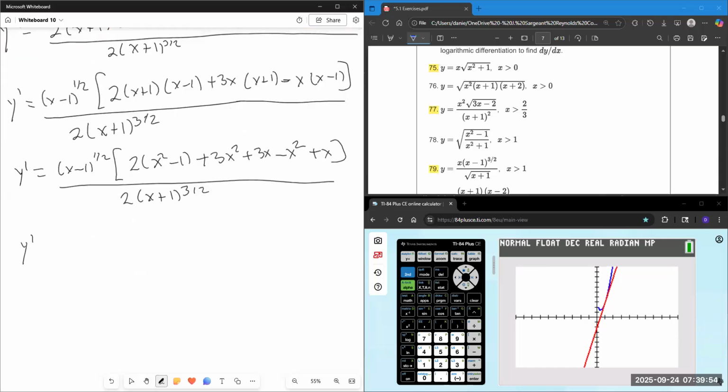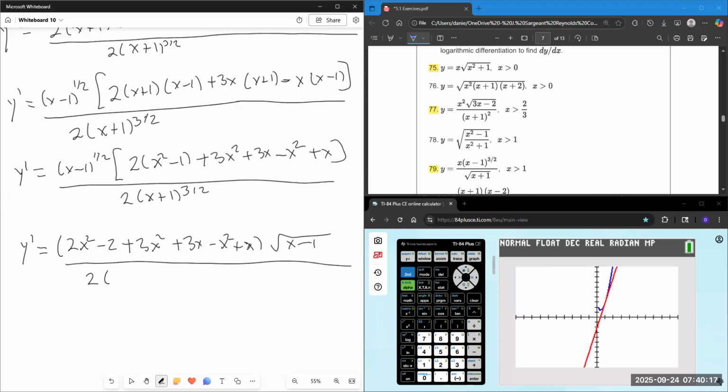Y prime is, and then I'll write all this stuff first. This is 2x squared minus 2 plus 3x squared plus 3x minus x squared plus x, root x minus 1 over 2x plus 1 to the 3 halves.